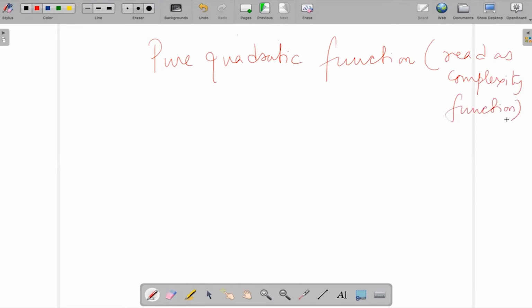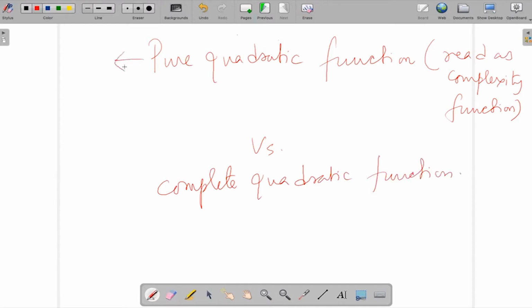A pure quadratic function is one which does not have any linear term in it.